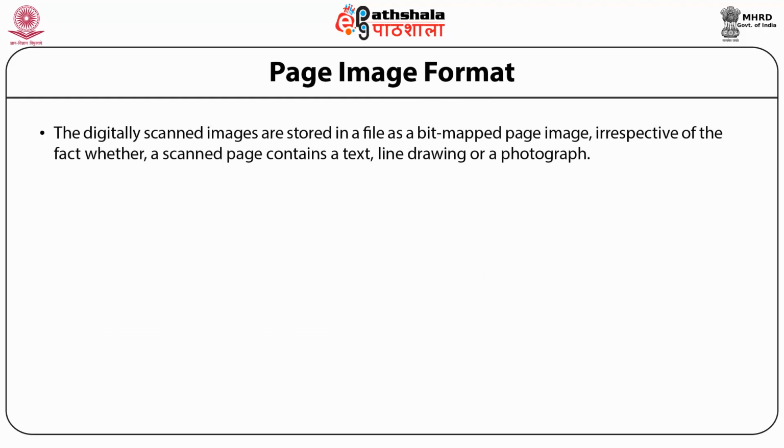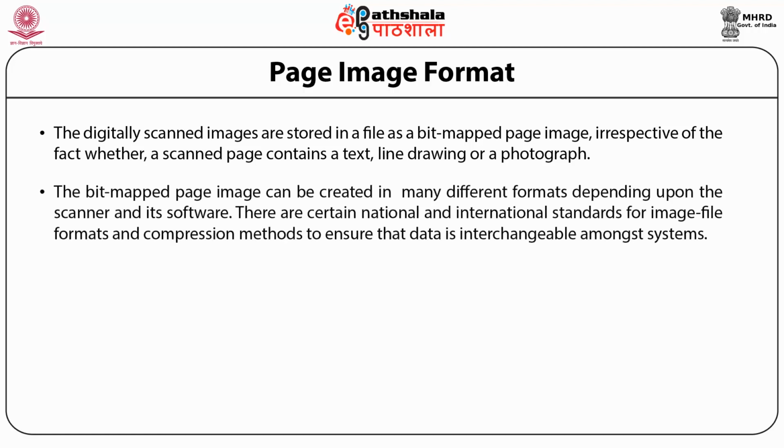Page image format. The digitally scanned images are stored in a file as a bitmapped page image, irrespective of whether a scanned page contains text, line drawing, or a photograph. The bitmapped page image can be created in many different formats depending upon the scanner and its software. There are certain national and international standards for image file formats and compression methods to ensure that data is interchangeable amongst systems.